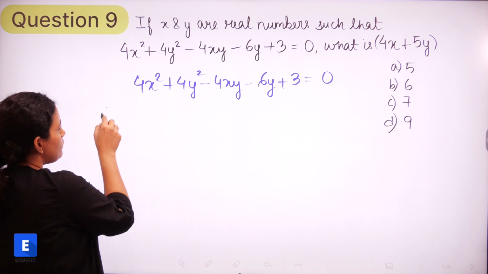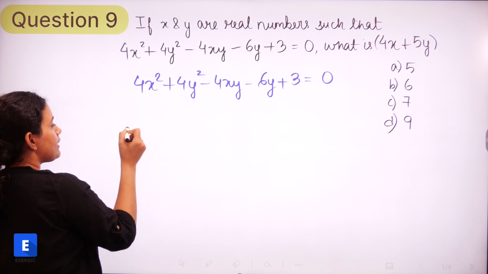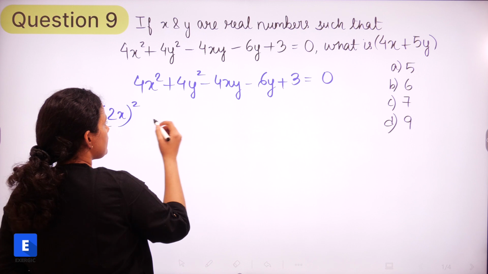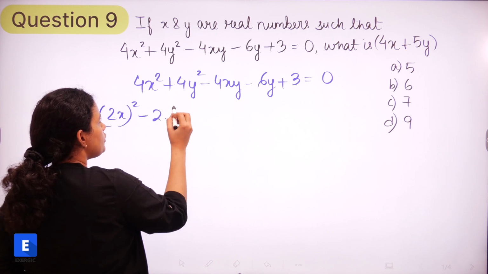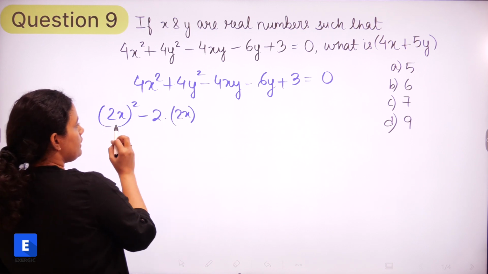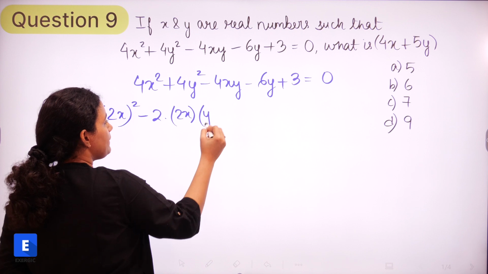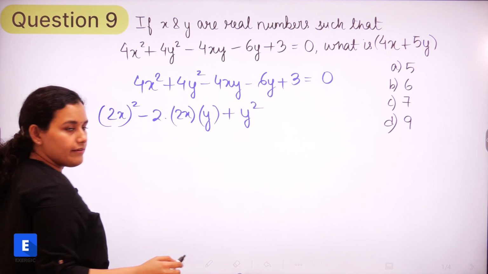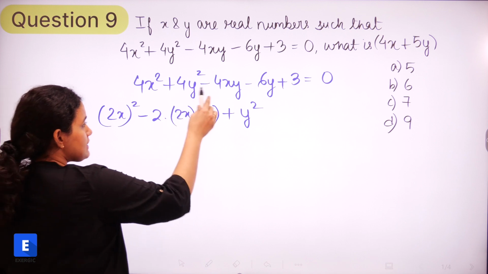Let's see, this is going to be 4x square, right? 4x square can be written as 2x whole square. And I have a minus 4xy here, so that can be 2 into a into b, right? My b becomes y. So I'm going to be having a y square here. Remaining is 3y square.